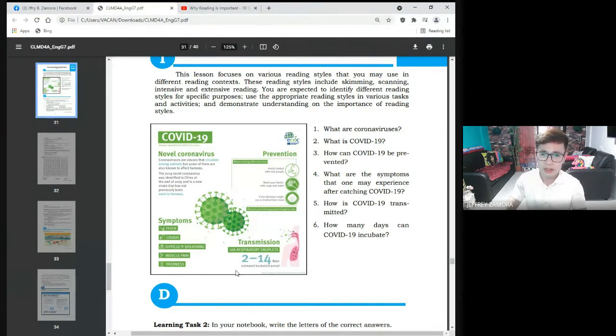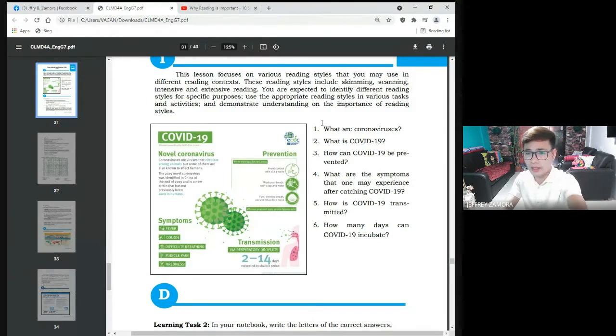But we call it infograph. For example, here, I need to locate the COVID-19 symptoms, transmission. If you are only reading this COVID-19 novel coronavirus symptoms, transmission, prevention, what kind of reading style is that? We're going to discuss it.